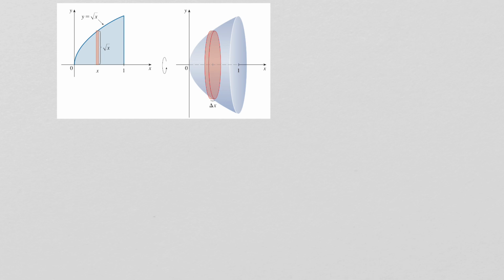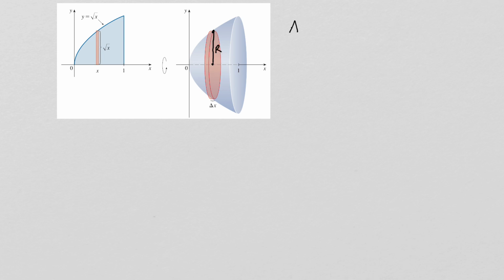So when you do a volume by revolution, every time you take a cross-sectional piece of the graph, that is going to be circular in nature because you are revolving it around the axis there. So that disk right here will have a radius associated with it, which I will call r.